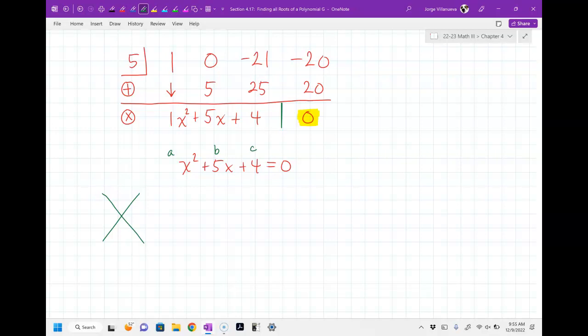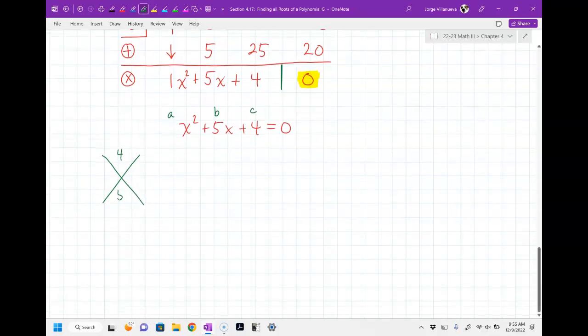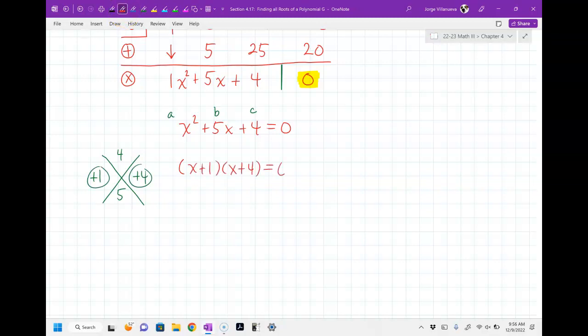So a times c, that's 4. b is 5. What two numbers multiplied to 4 add up to 5? 1 and 4. All right, so here we go. I'm going to use those two. x plus 1, x plus 4 equals 0.